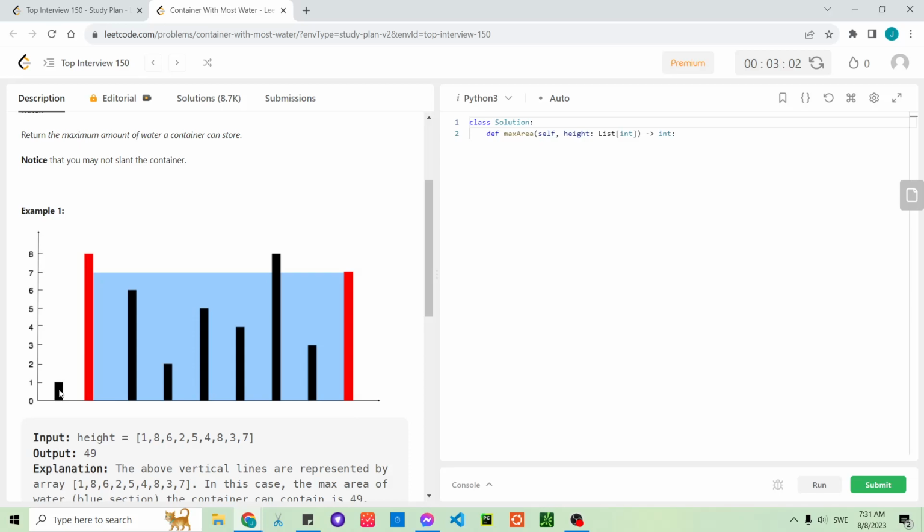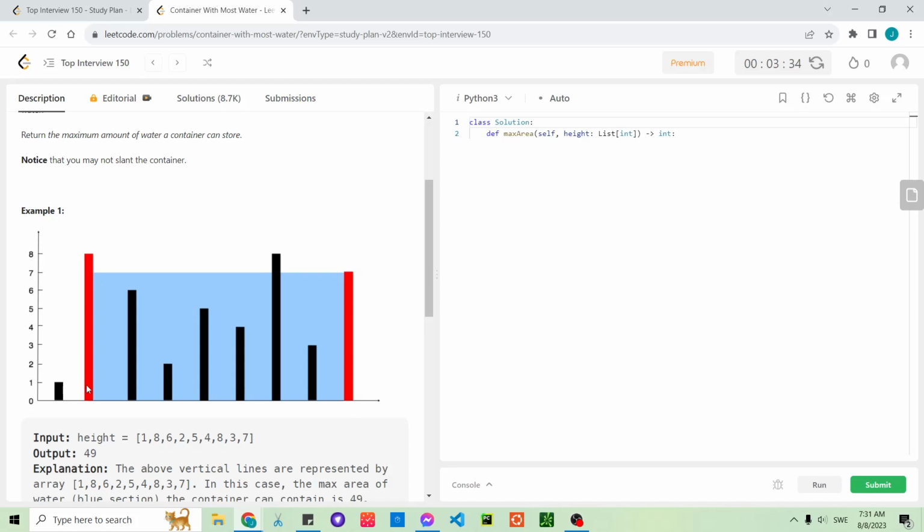If we keep this as one of the edges, no matter what we do on the right hand side, it can only go as high as this. It can even be lower, but not higher. Right, okay, so that's why we want to move the pointer with lower value.